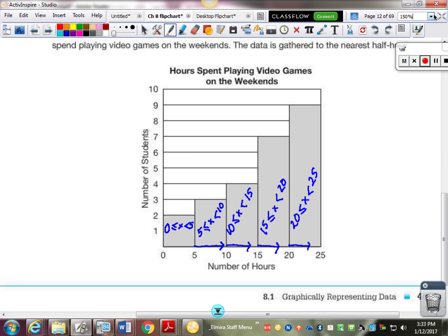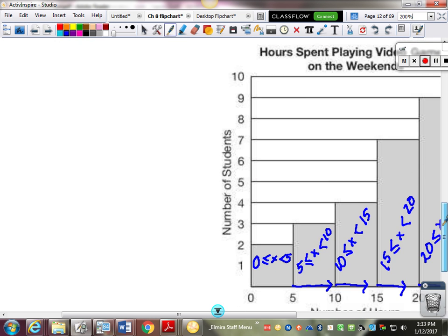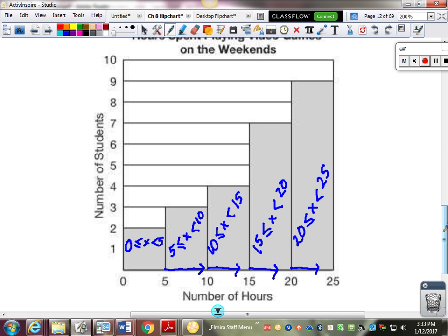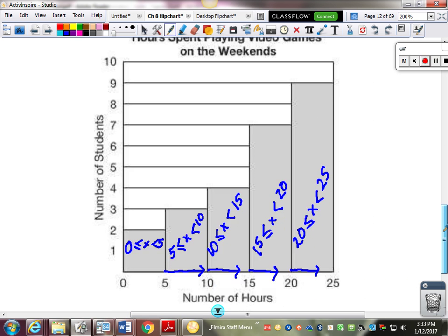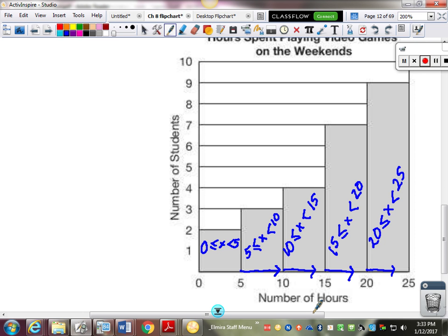Let me blow this up even more. Here's how to interpret this situation. I'm going to write them to the side too. This first bin represents 0 less than or equal to x less than 5.